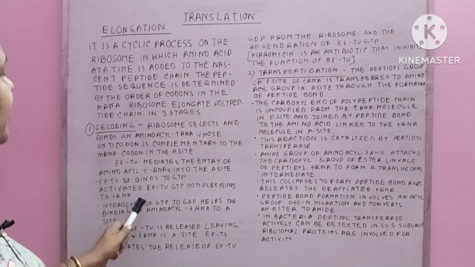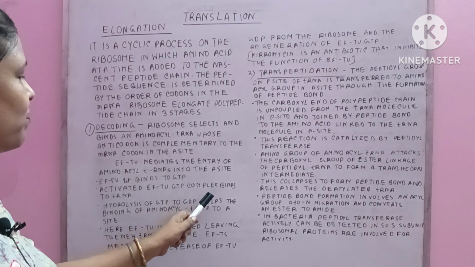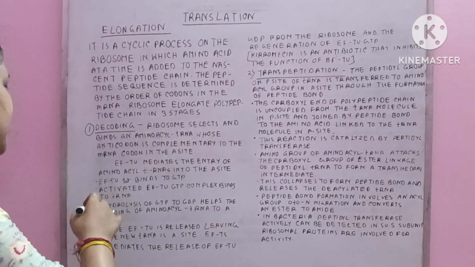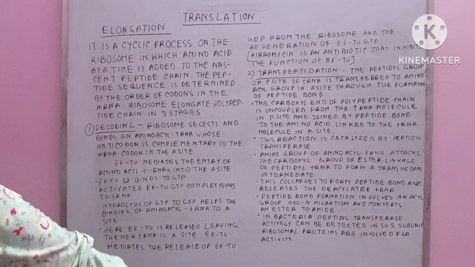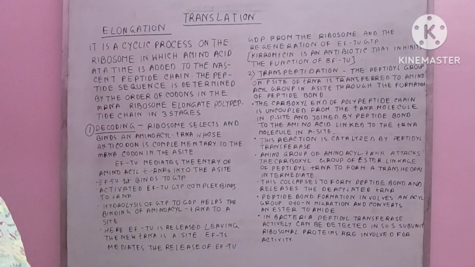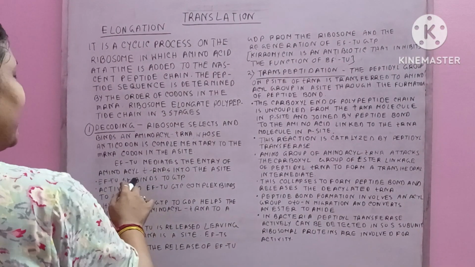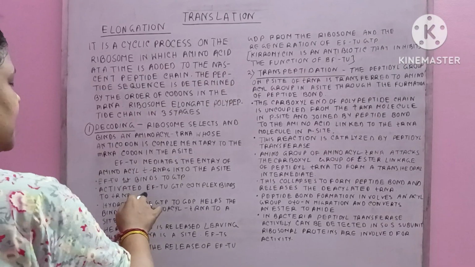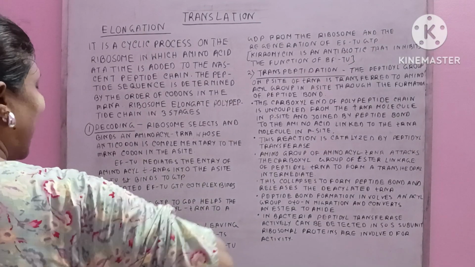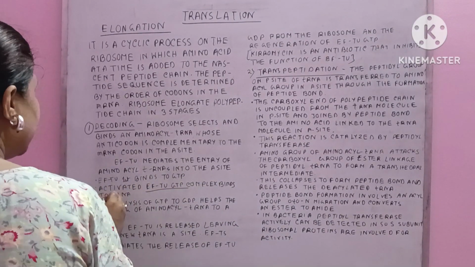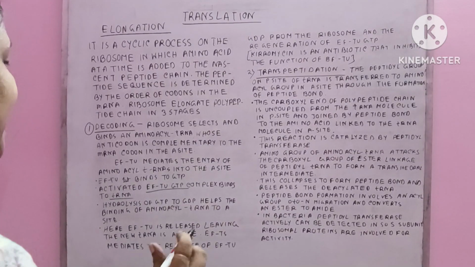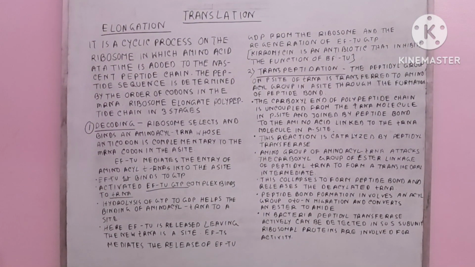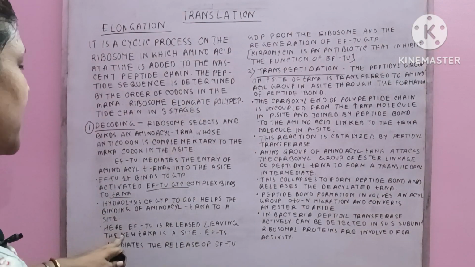Okay, the second point is that first, EF-Tu binds to GTP. Second, the activated EF-Tu-GTP complex binds to tRNA. Here the hydrolysis of the GTP is very important, where GDP forms.